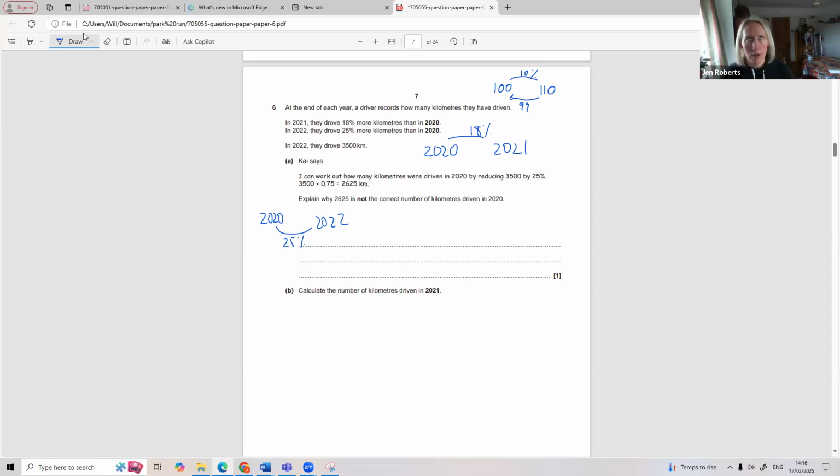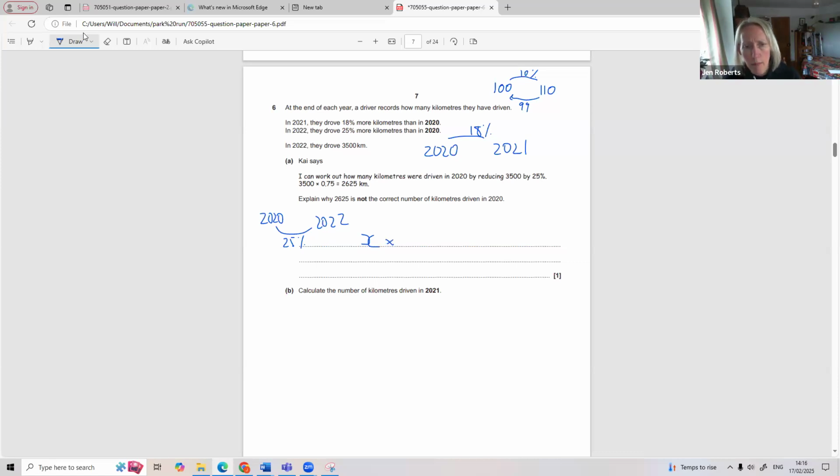So you might have done this in a couple of different ways. So if we look from 2020 to 2022, it's been increased by 25%. If you increase something by 25%, 100% plus 25% is 125%.